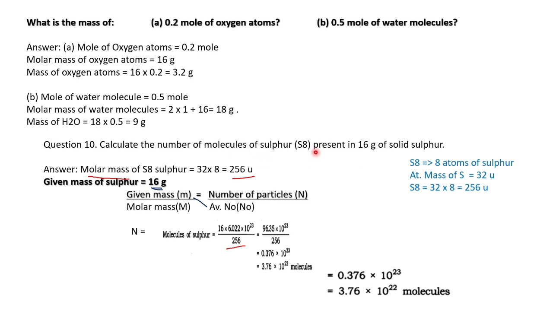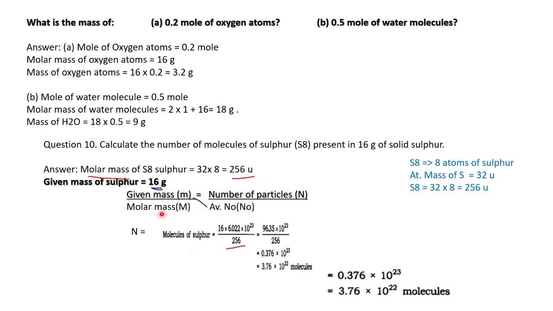That is, given mass divided by molar mass is equal to number of particles divided by Avogadro number. So the given mass is 16, and we cross multiply. This is what we have to find out: the number of particles. So this is the equation.